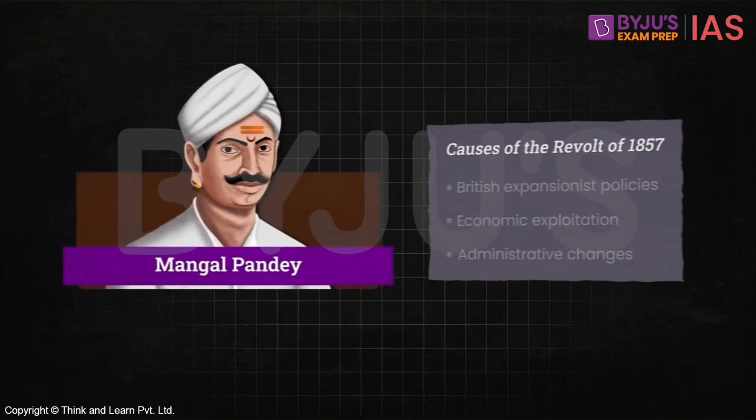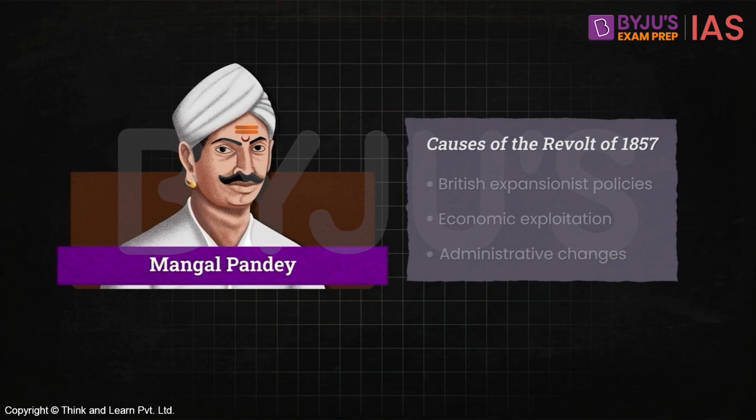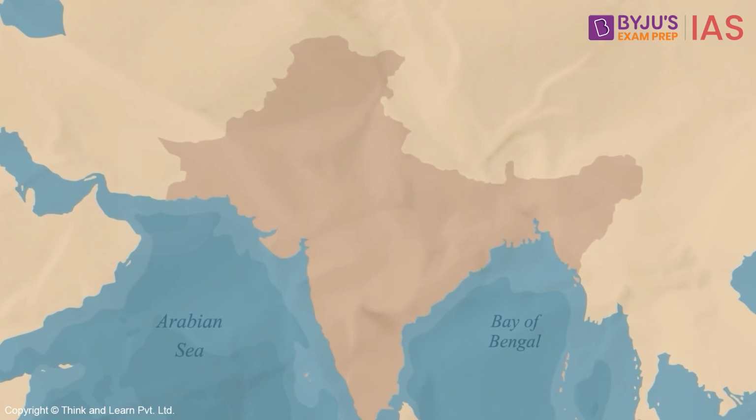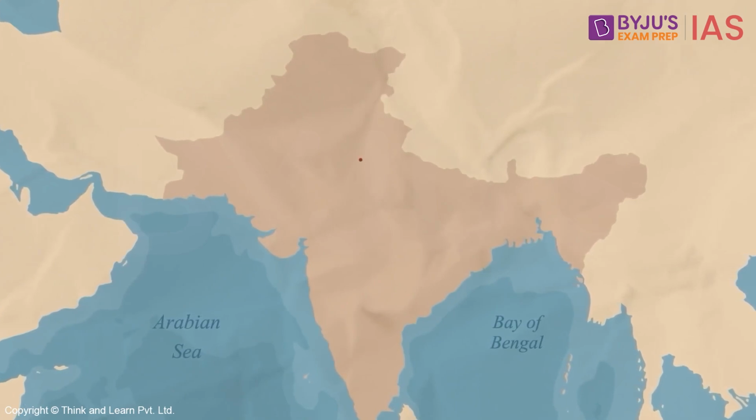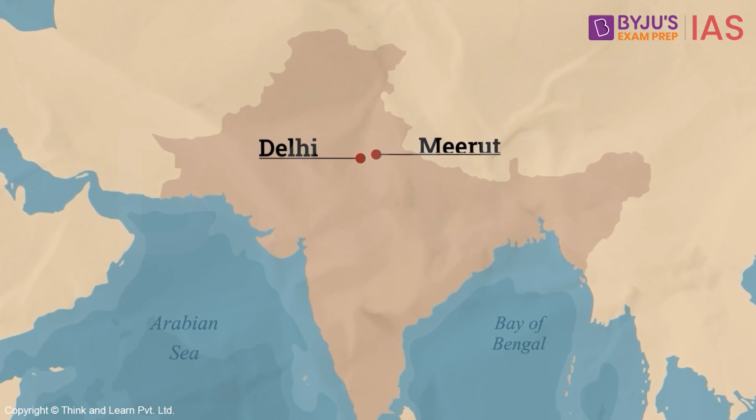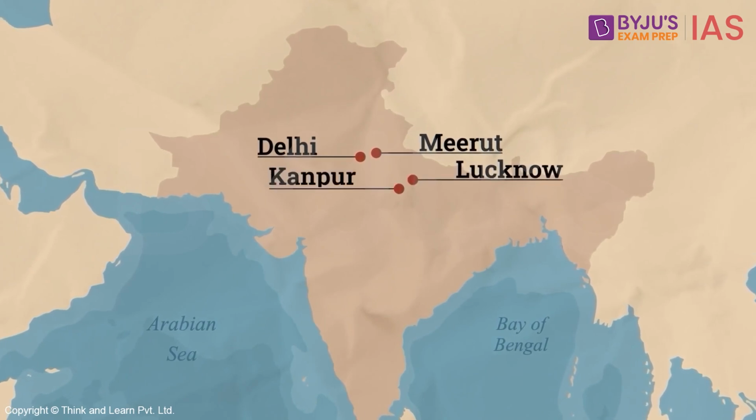The revolt was a cumulative effect of the British expansionist policies, economic exploitation, and administrative changes over the years that had adversely affected all rulers of the Indian states, sepoys, zamindars, peasants, traders, artisans, pandits, Maulvis, etc. The revolt rippled across the country, especially Delhi, Meerut, Lucknow, and Kanpur.